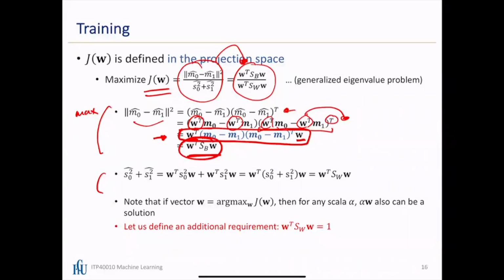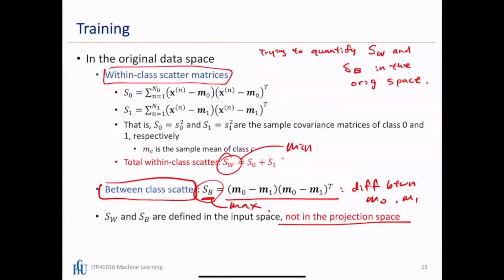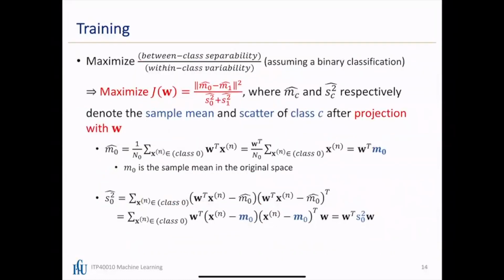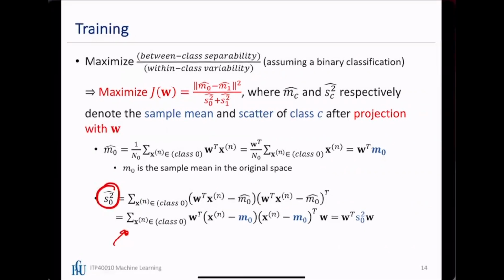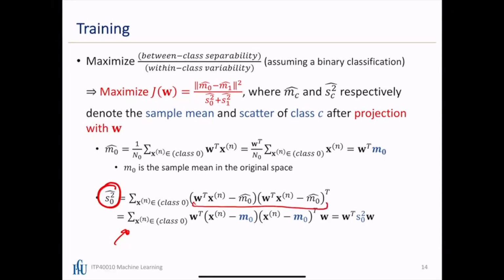Let's move on to the variance side. Again, this is the variance from the projection space, and s0 square hat, let's go back to the previous slide, maybe here. We have the same expansion over here. S0 square hat is the variance captured in the projected space, and it can be written down as the square of the projection minus the mean value. The difference is squared, and if you expand it, W^T in front of x, and this is W^T M0.